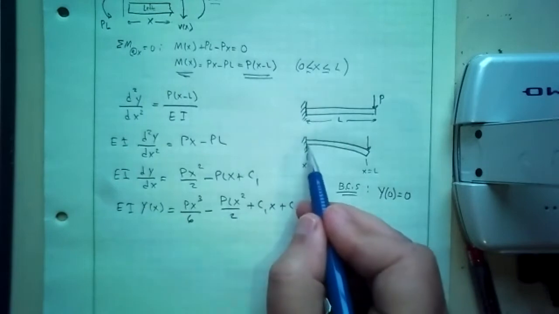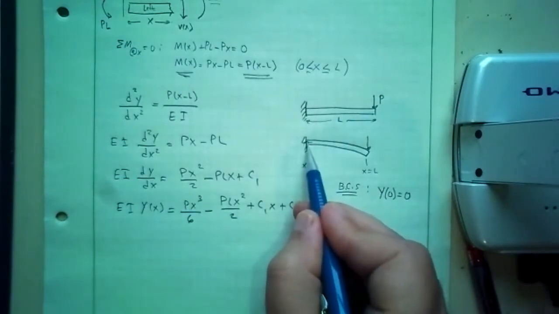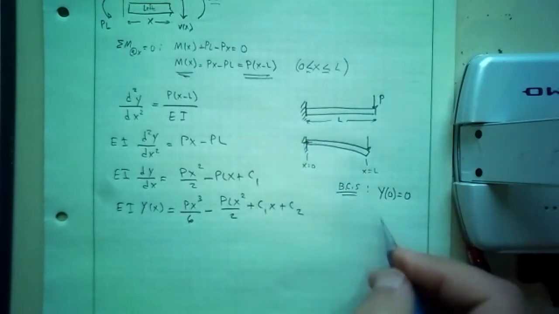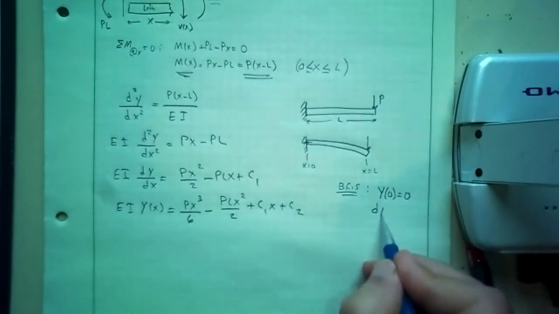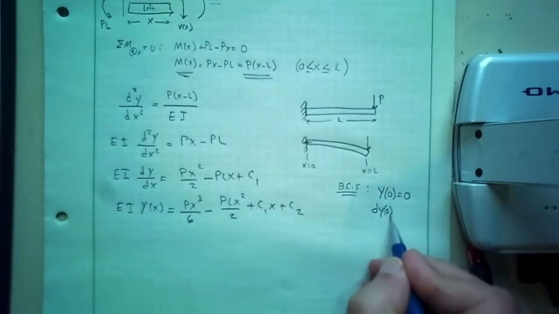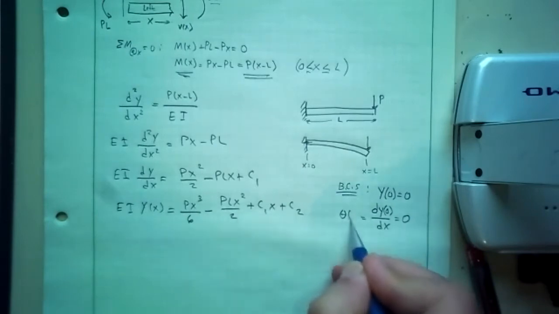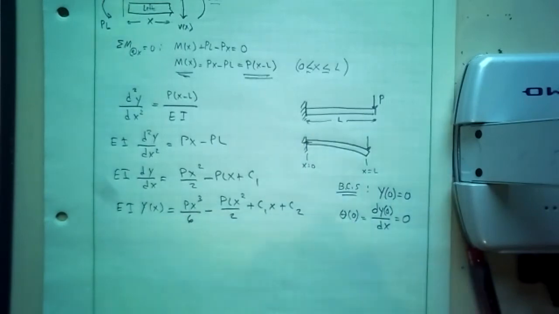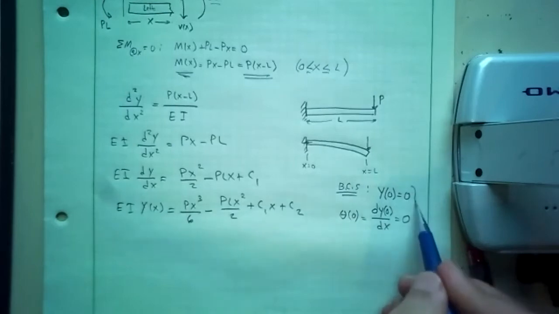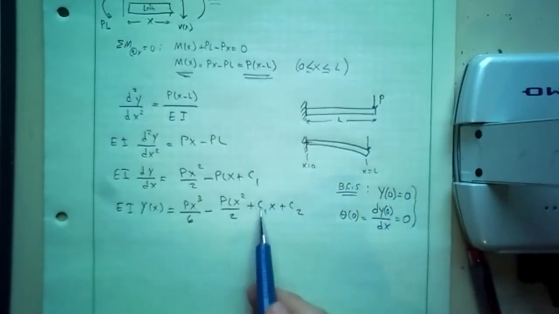Also notice, since it's fixed, the slope at that point at x equal to 0 is 0. So I can write that dy dx at x equal to 0 is equal to 0, which is simply the slope at x equal to 0. So those are my two boundary conditions, and I need two of them because I have two integration constants.